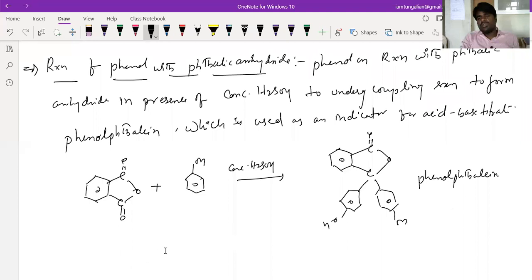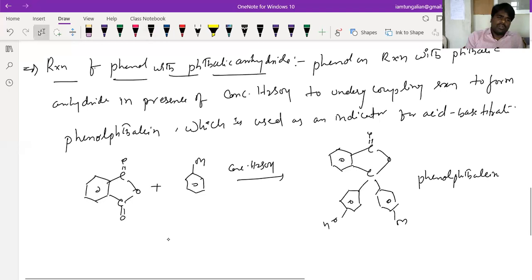The reaction: this is your phthalic anhydride, in concentrated H2SO4. It will form a colorless compound.